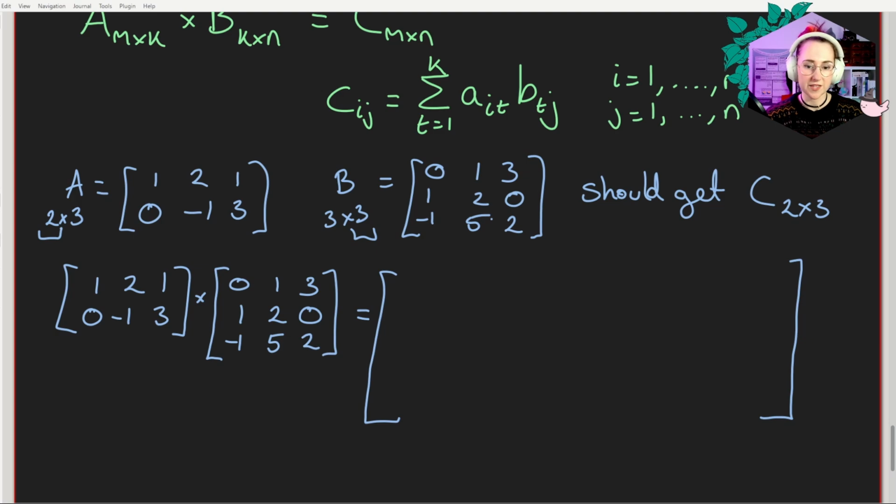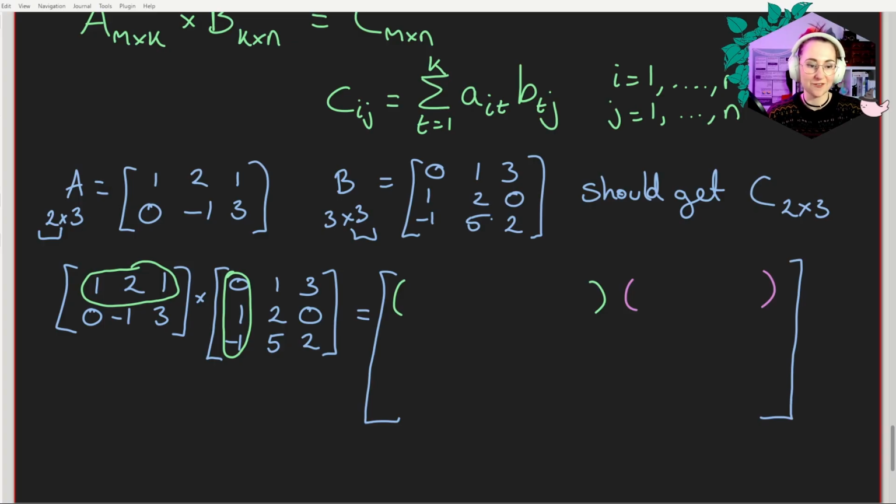For this first entry, we're going to look at the first row of A and the first column of B. For the second entry, i is 1, j is 2.